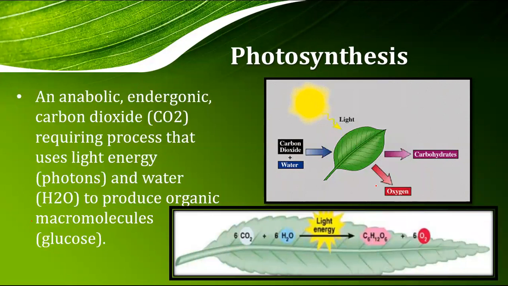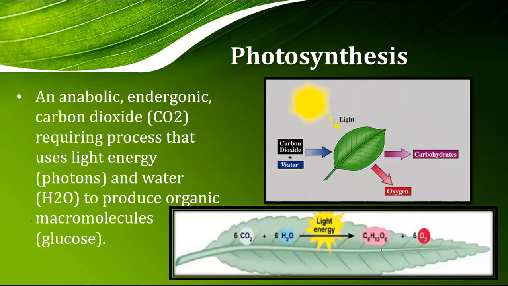Now, the reaction of photosynthesis is 6 CO2, that is 6 molecules of carbon dioxide plus 6 molecules of water get added, and in the presence of light energy they are converted into C6H12O6.